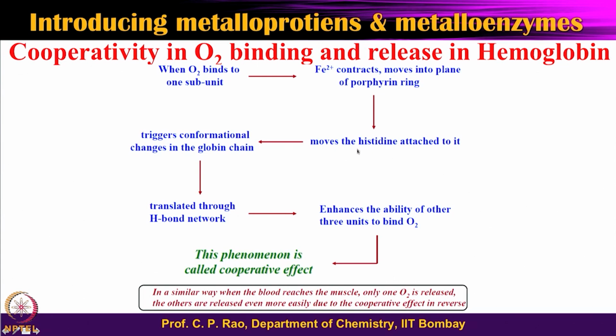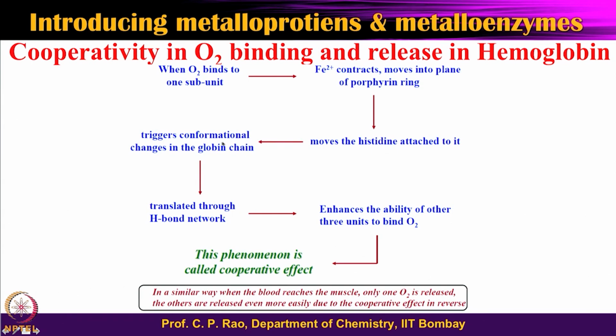So, obviously, it moves from about 0.6 angstroms above the plane to about 0.2 angstrom above the plane, more or less into the plane. That will disturb the connectivity, or it will move the histidine bond that is attached to the iron. And that kind of movement will trigger a conformational change.